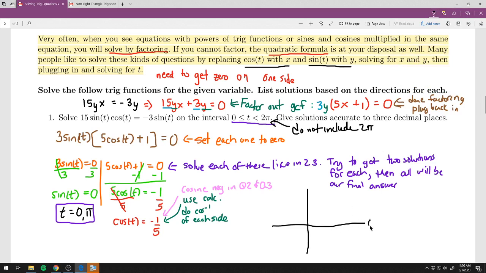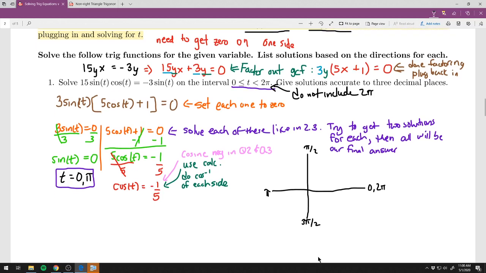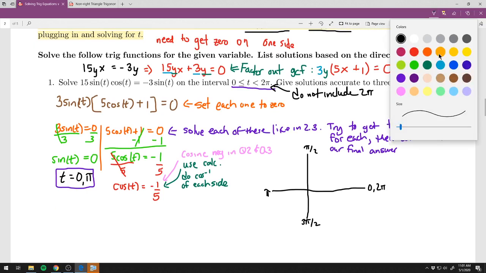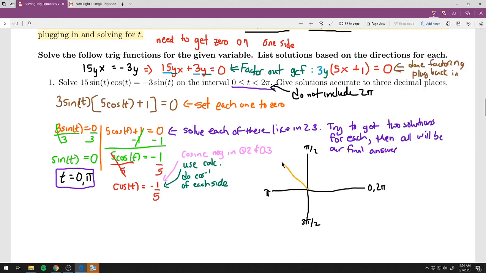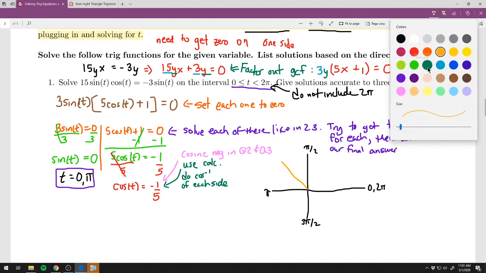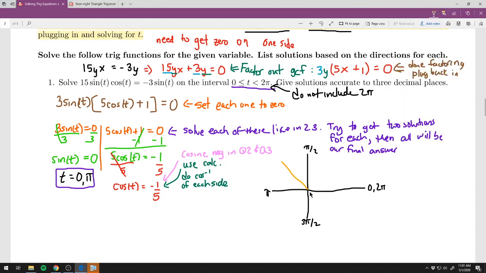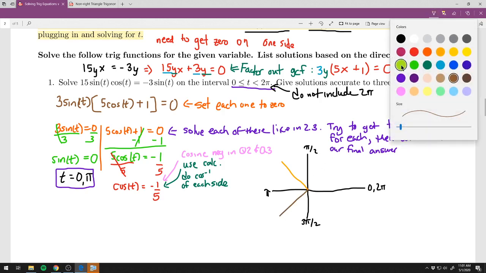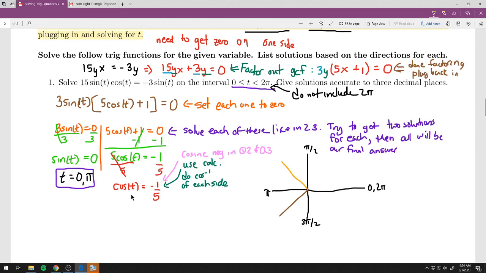All right, so I'm just going to draw our picture here and put in an angle representing our answer in quadrants 2 and 3, and then we'll actually find them. Exactly like we would have done before. We're going to have 1 in quadrant 2, 1 in quadrant 3, and we can use our calculator to start getting one of them.